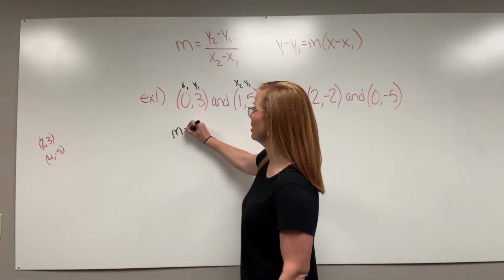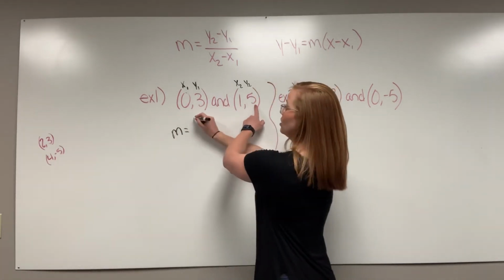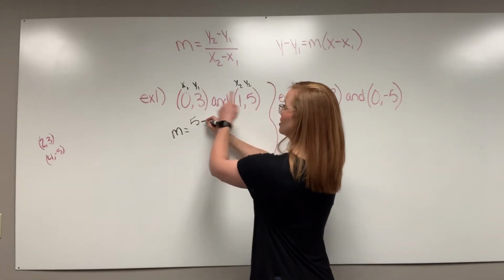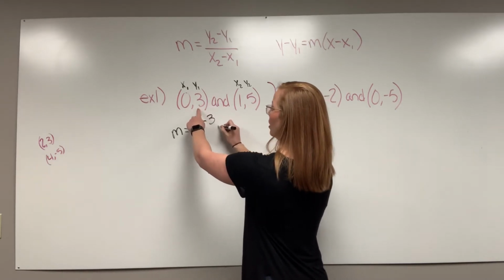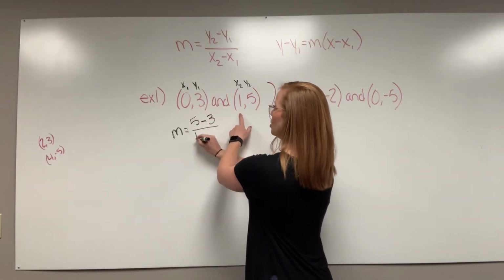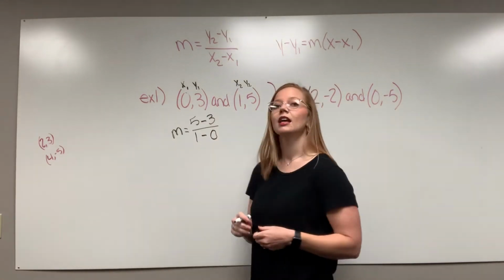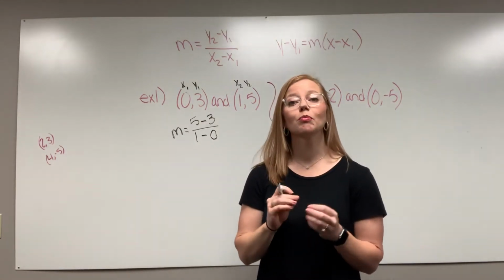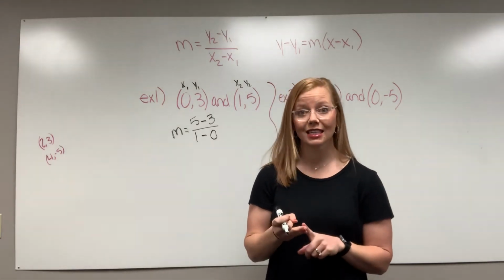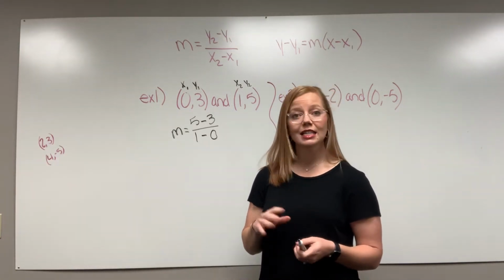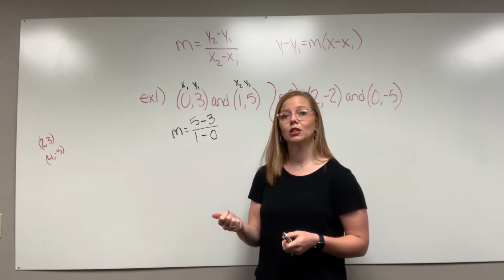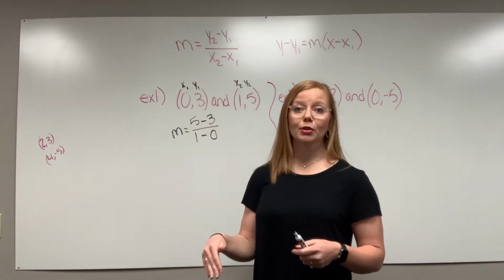So m equals y2 minus y1 over x2 minus x1. Guys, this is so important that you be careful and be consistent right here. It's very easy to switch numbers to get them backwards or to put your x's on top and your y's on bottom.